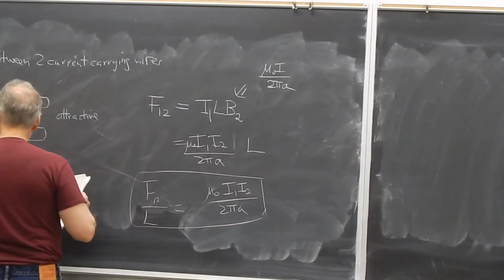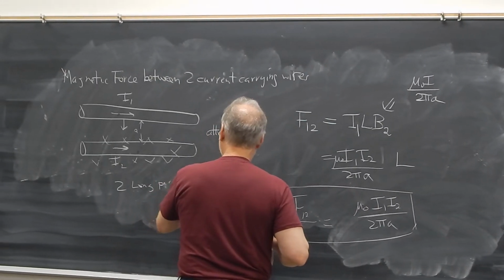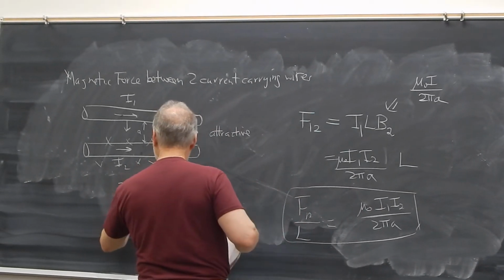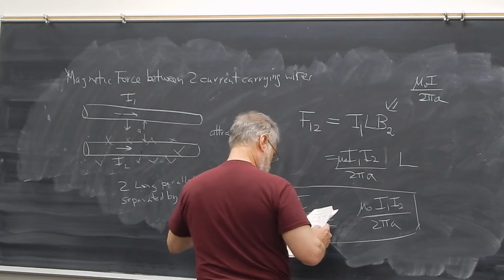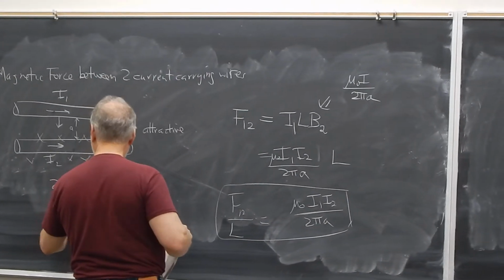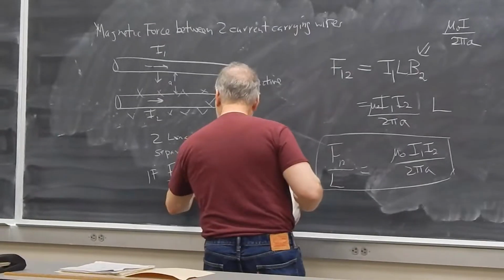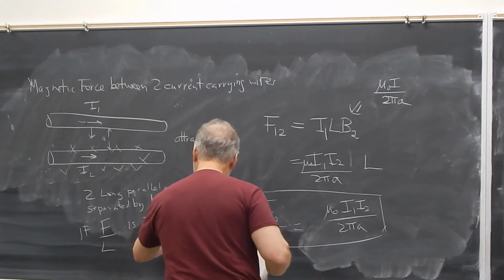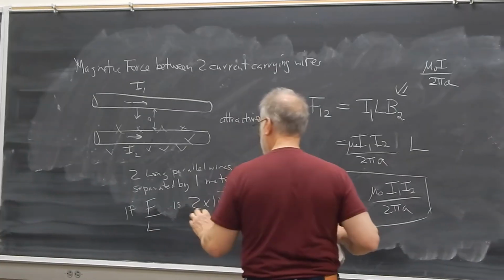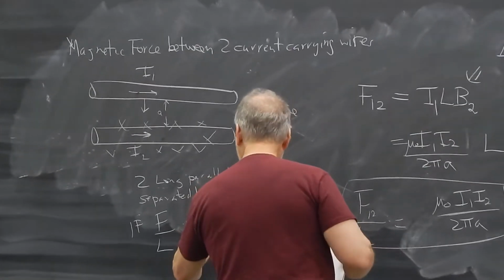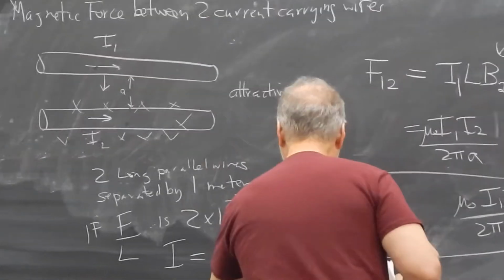If I have two long parallel wires, separated by 1 meter, if the force per unit length of one wire on the other is 2 times 10 to the minus 7 newtons per meter, and they carry the same current, that current is equal to 1 ampere, or 1 amp.